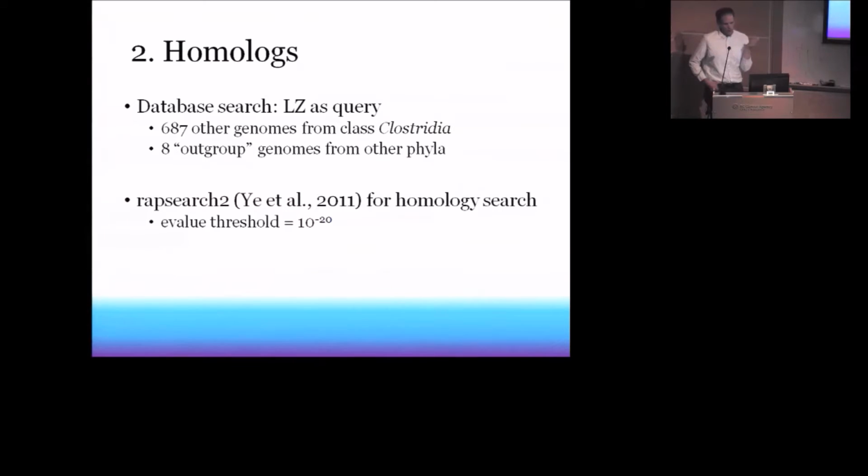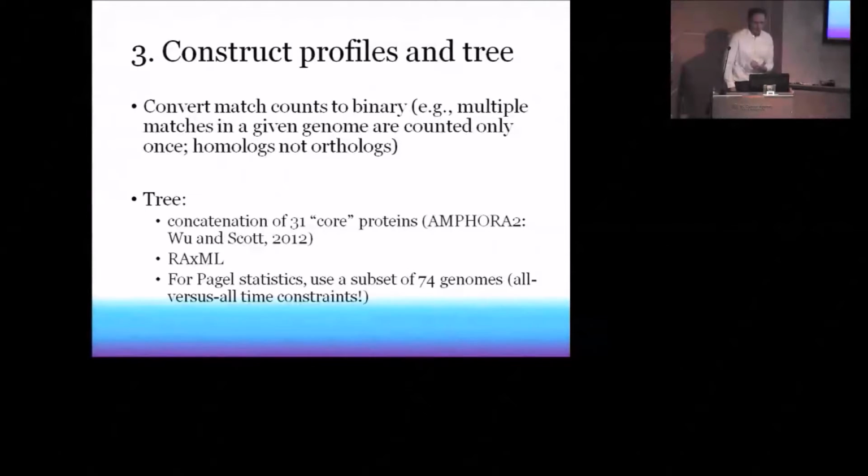We do the homology search, Lachnozilla versus all of these things, with an algorithm called RAPSearch2, which is basically as good as BLAST, but a whole lot faster. And then we set an e-value threshold. Nothing too magical.